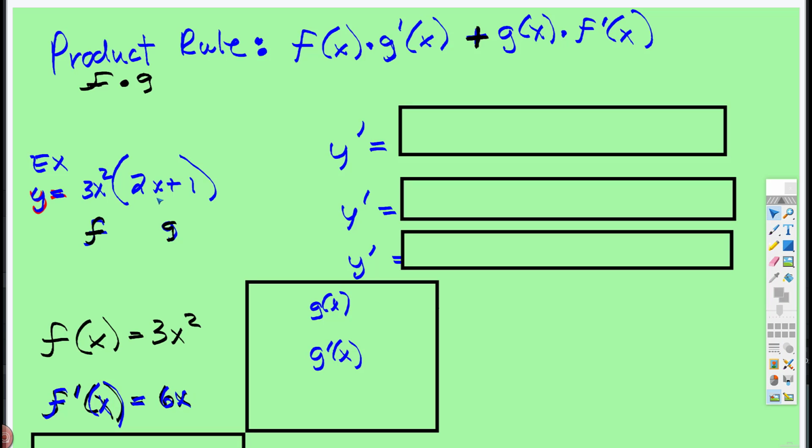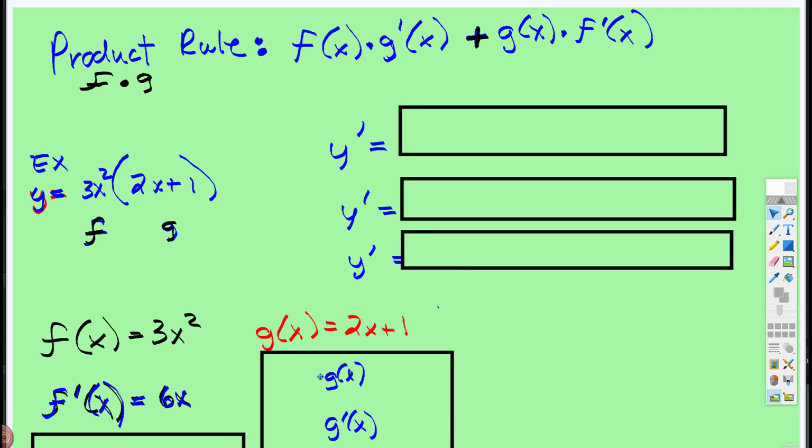So our original g function is 2x plus 1. Now remember, this is 2x to the first, so 1 comes down in front. 1 times 2 is 2. 1 subtract 1 is 0, and any number to the 0 power just cancels to 1.